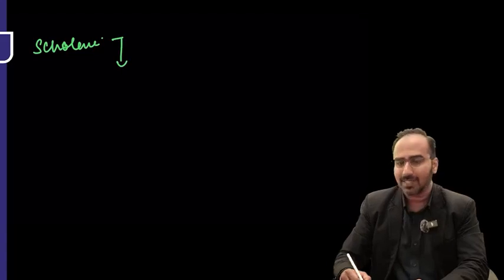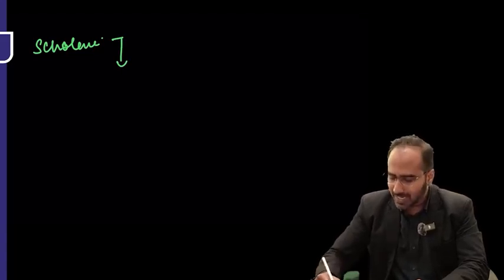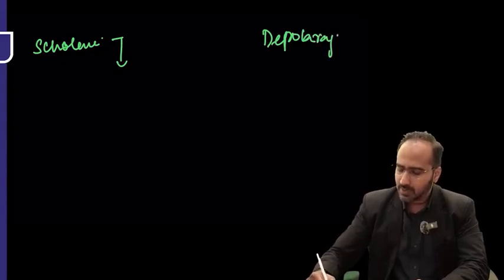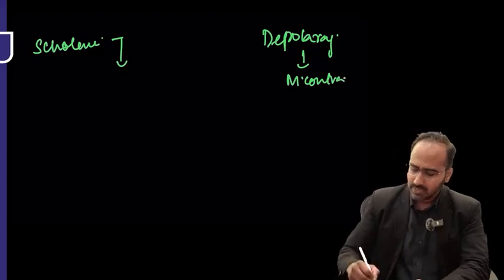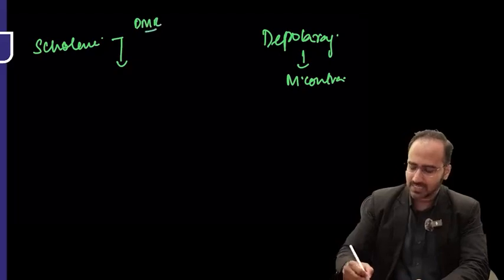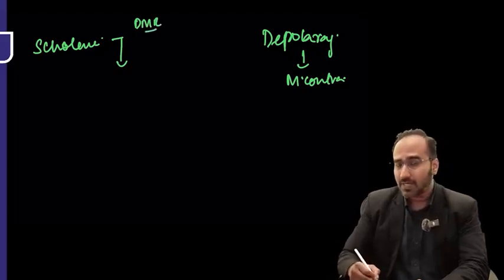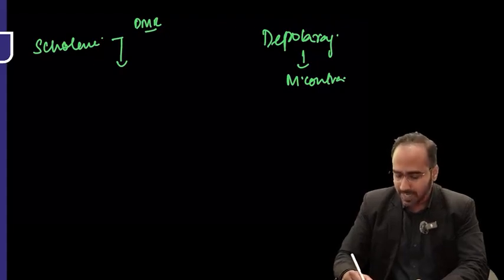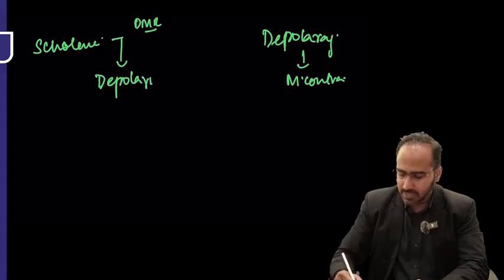Remember guys, normally depolarization will cause muscle contraction. As scoline is a depolarizing muscle relaxant, just look over here. Whenever you give scoline to the patient, in the initial few seconds, it will cause depolarization.